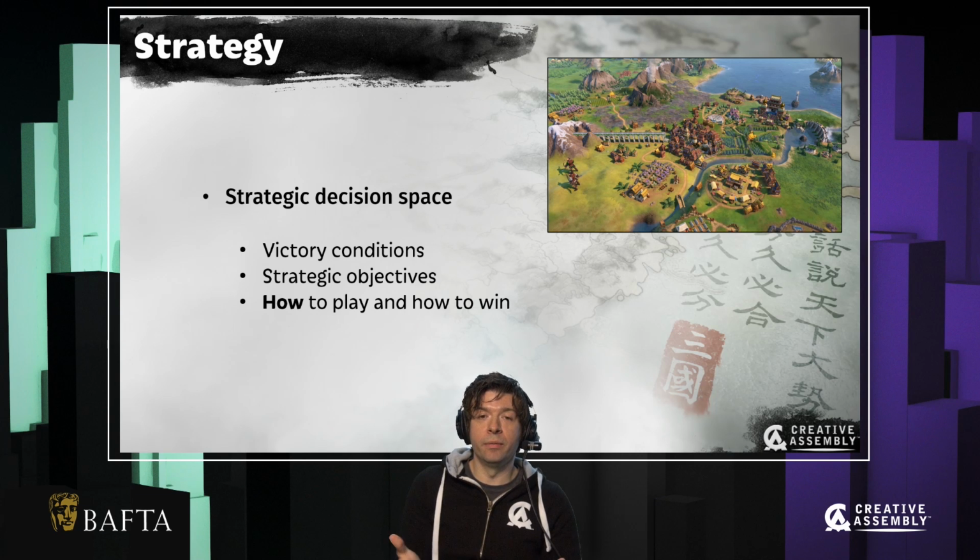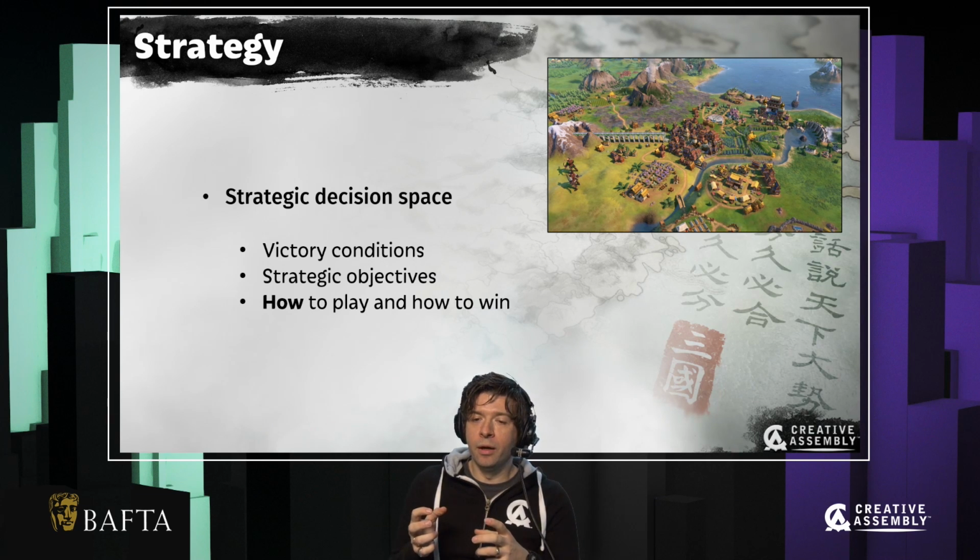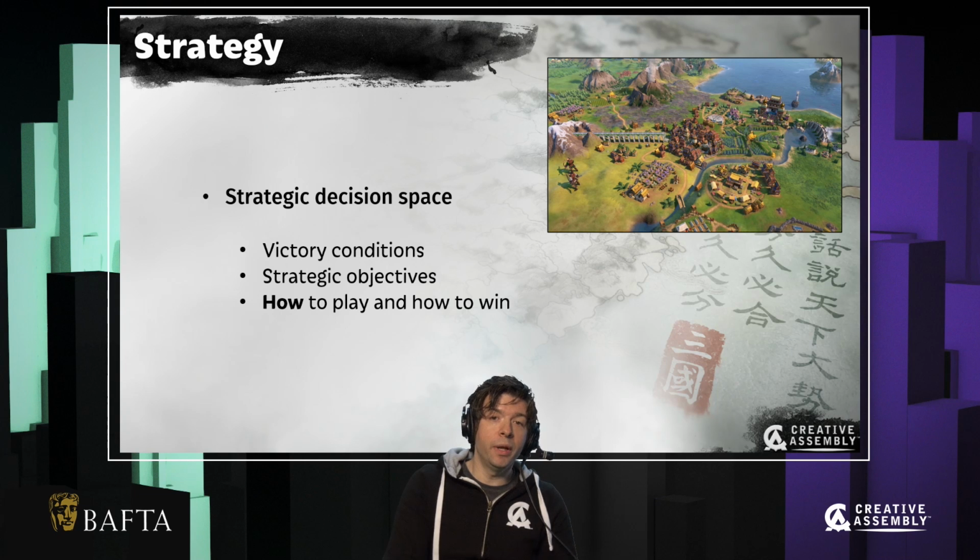But even in a game with a single victory objective, you might have certain ways towards that goal, like dominating a certain area of trade or focusing on specific military customization or quality over quantity. So in the end, it's about how you want to play or how you want to win the game. A good other example is in an action RPG, this would be the number of viable builds that you have.